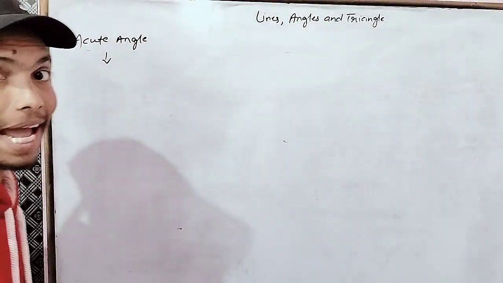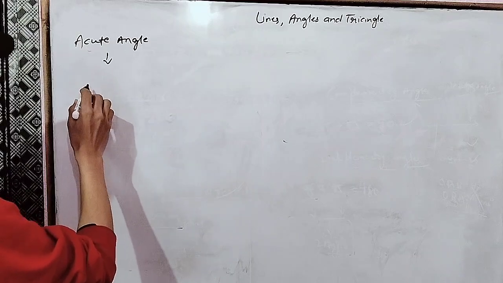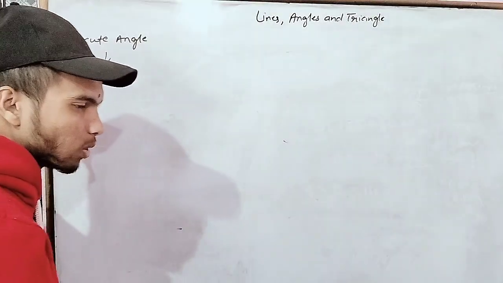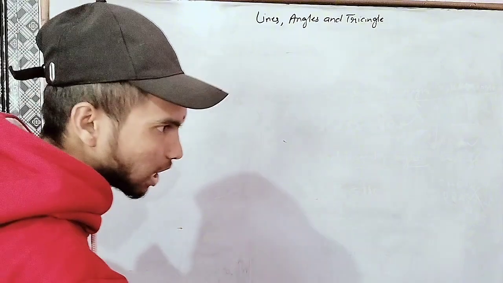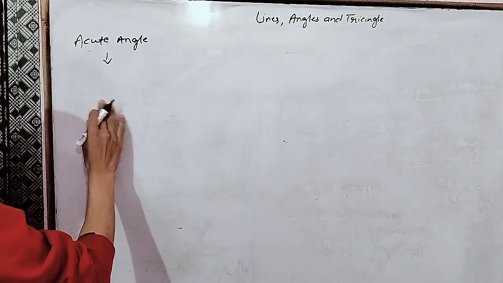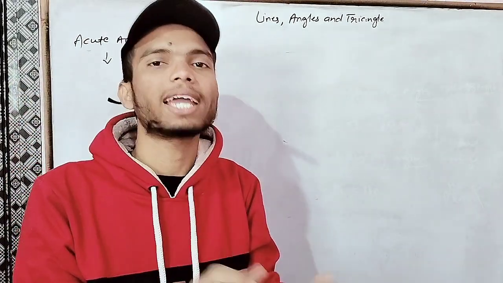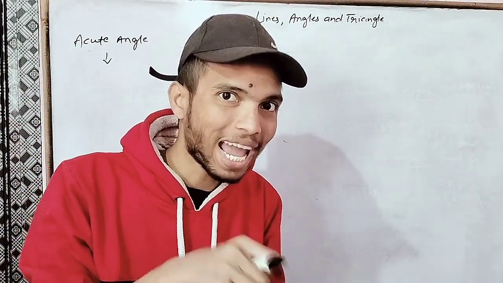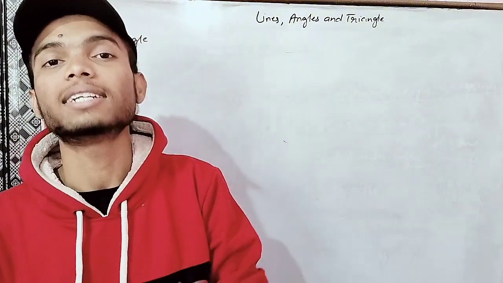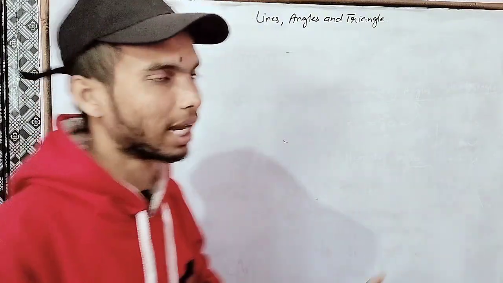It says acute angle says that there is a value of an angle which is less than 90 degree. The value of an angle is less than 90 degree. This is the definition of acute angle.